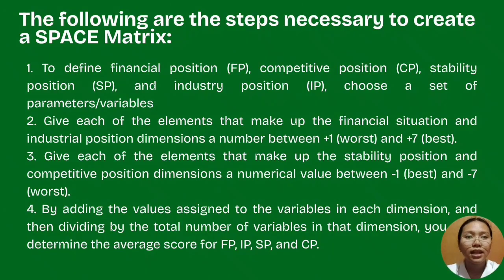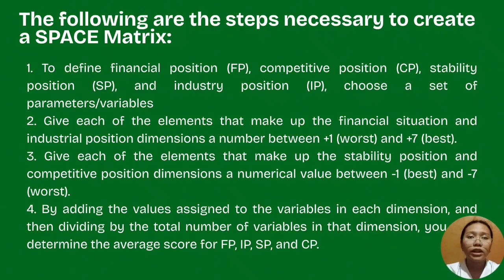So positive 1 as the weakest and then positive 7 as the strongest. And then third, you give scores to SP and CP. So i-rate nimo ang each SP and CP factor from negative 1 as the best and then negative 7 as the worst. So FP and CP can be compared with competitors, while IP and SP can be compared with other industries or industry conditions.